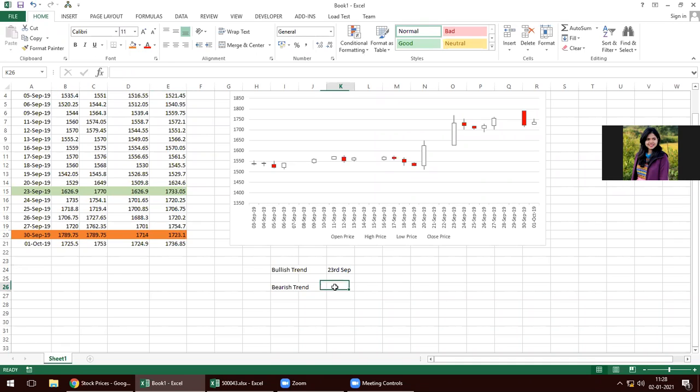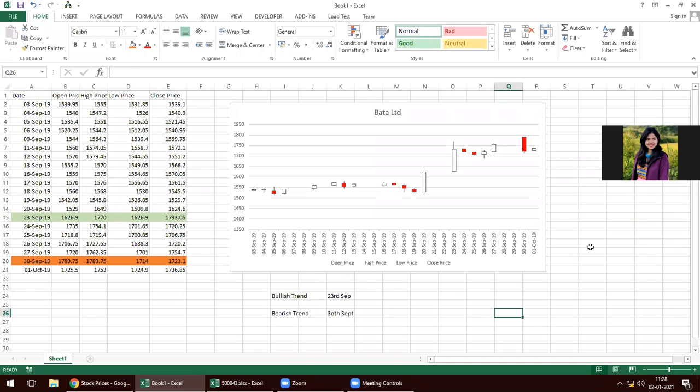So we follow the bearish trend on 30th September. Okay. This is how you have to interpret. In the same manner, try to find based upon the graphics which day we are following the bearish trend, which day we are having the bullish trend.